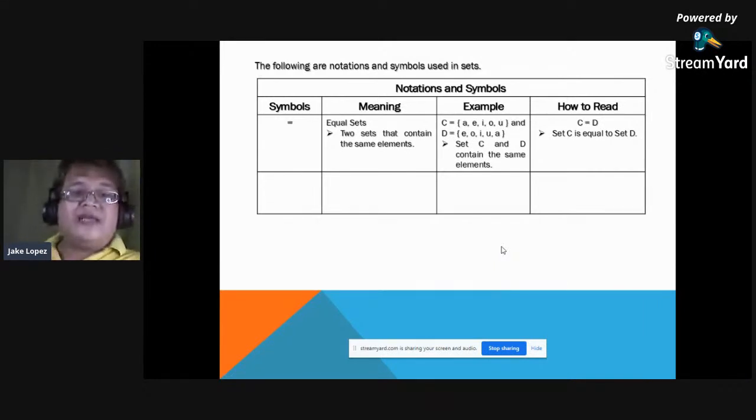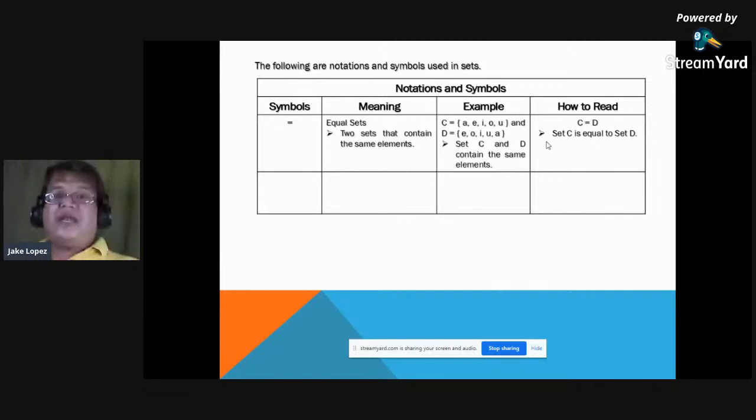Then equal sets, versus equivalent and equal. Ang equal sets ay two sets that contain the same elements. So for example, set C contains the elements a, e, i, o, and u, and set B contains the elements e, o, i, u, a.